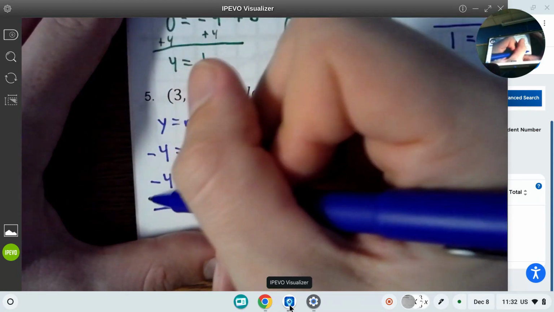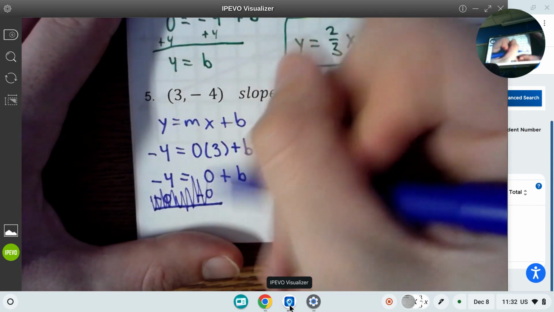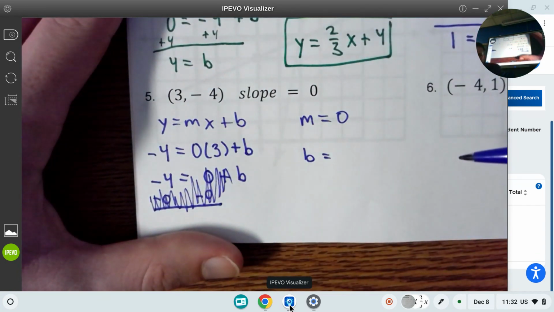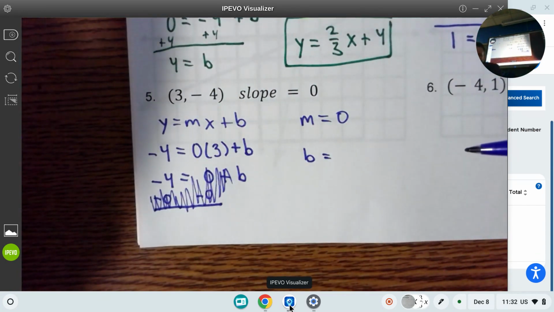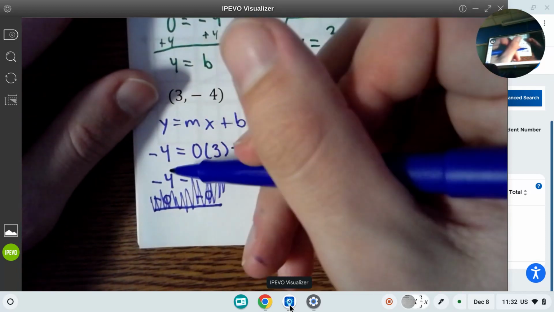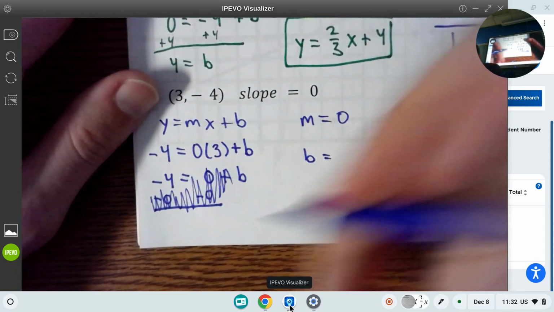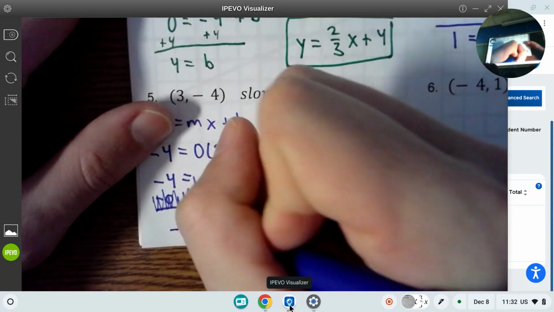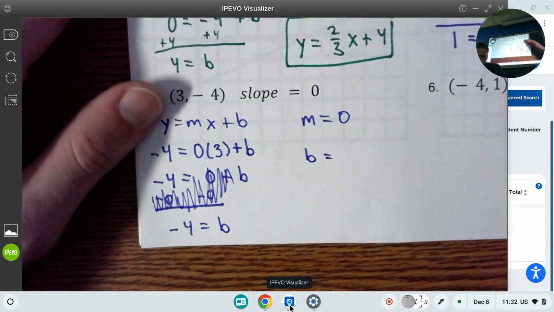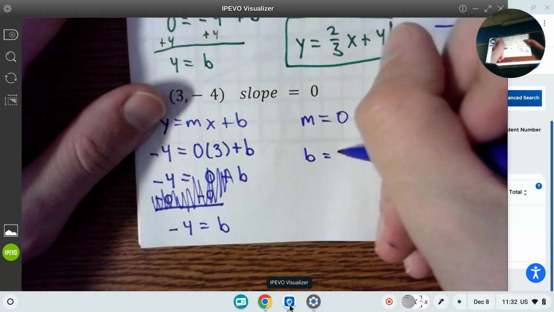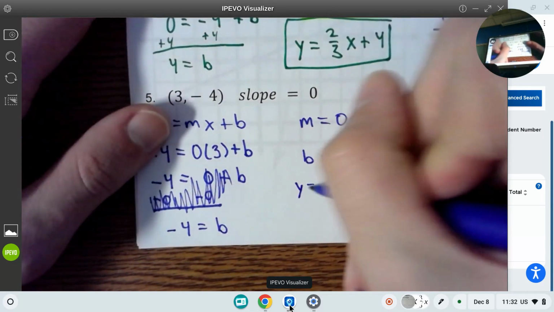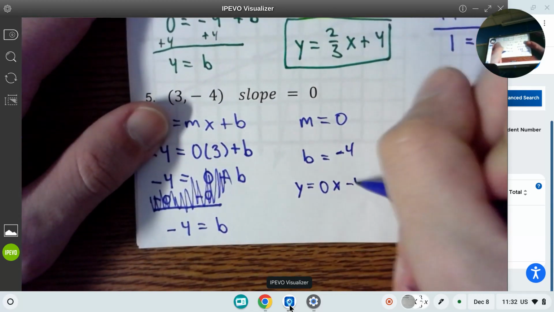All these zeros are not important, right? It's a 0. It's a nothing. What we have is -4 equals b. The 0, who cares about the 0? -4 equals b. So we have our b, then we have y equals 0x minus 4.